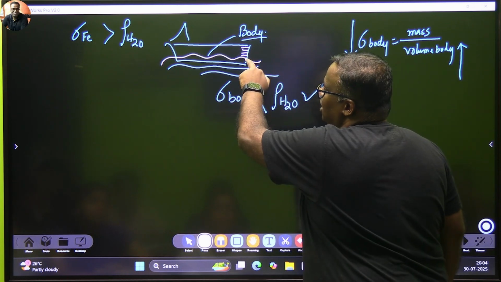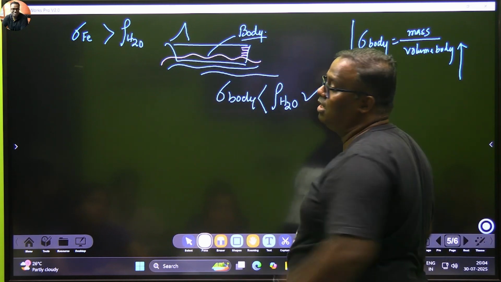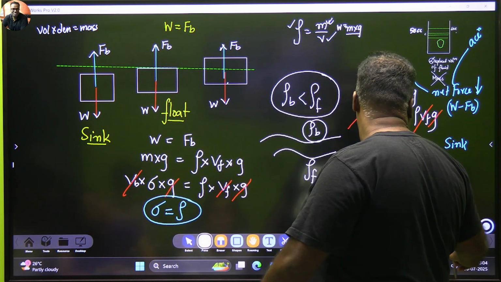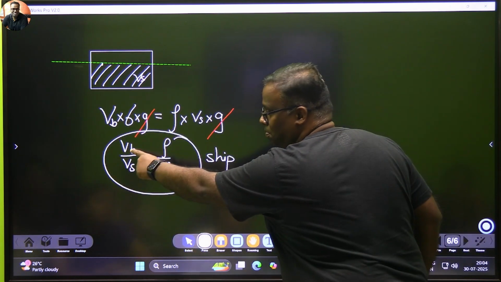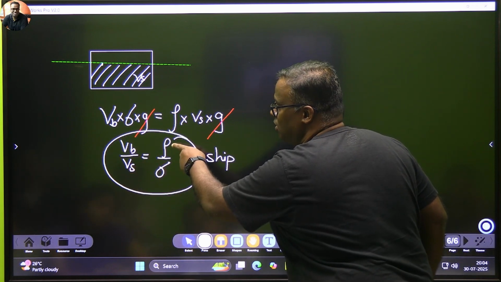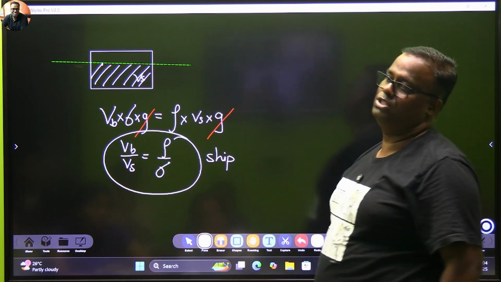So he will decide up to what Plimsoll line will we load the ship. इससे ज़्यादा हम load नहीं करेंगे. तो ship के criteria में हमारा जो mathematical relation होता है, that relation is this. Volume of the ship divided by volume of submerged portion should be equal to density of water, marine water, divided by sigma of the ship.